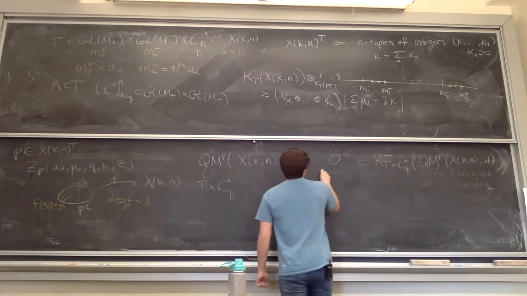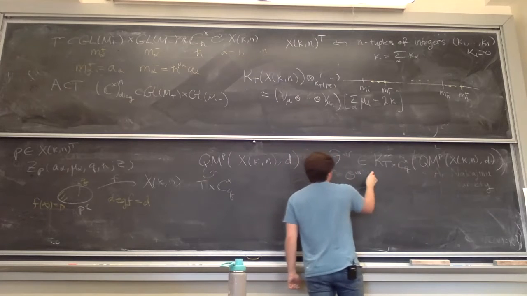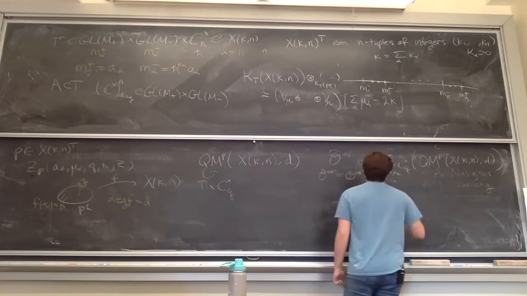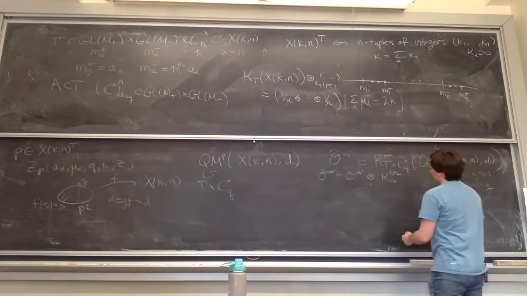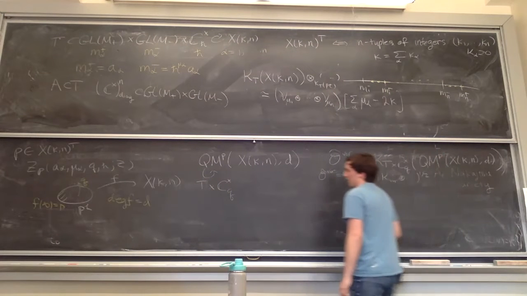More or less, this is just the naive virtual structure sheaf, which comes from the obstruction theory, tensored with the square root of the virtual canonical. And then there's one more thing, but it doesn't really do anything.